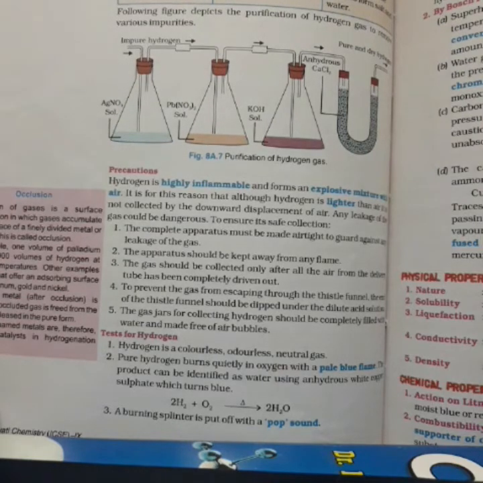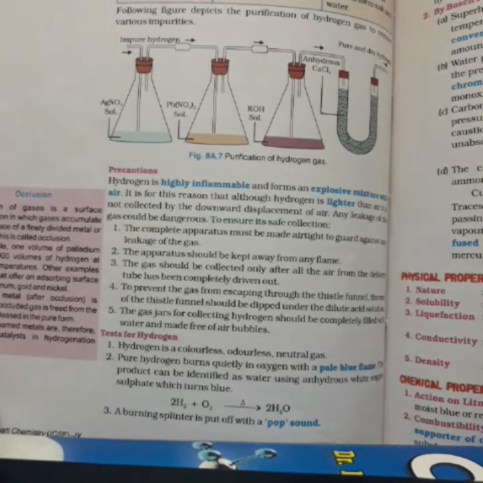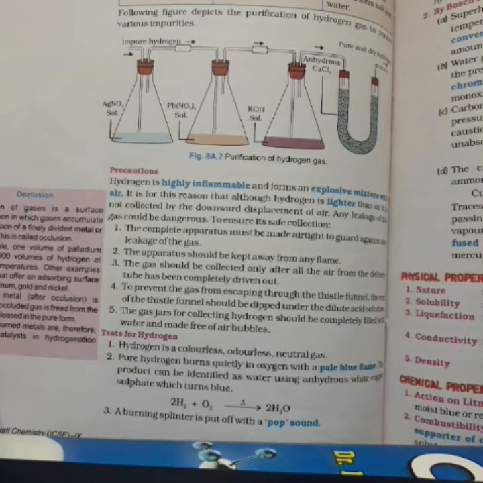Okay, and hydrogen is collected after all the air in the apparatus is allowed to escape. How to check whether hydrogen is free from air? Hydrogen when mixed with air burns with a pop sound, and pure hydrogen burns silently with a blue flame. Okay, so with this test we can check whether hydrogen is pure or mixed with air.